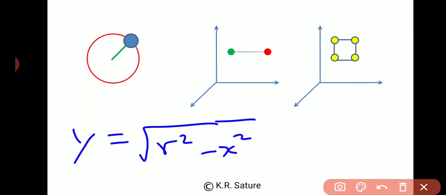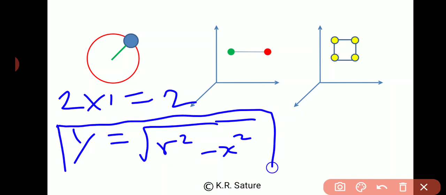Okay, so if I see the number of degrees of freedom for this particle, this is a 2-coordinate system, so I have 2 into 1, that is 2. So the degree of freedom for this system is 2. But now I have this equation as an equation of constraint.